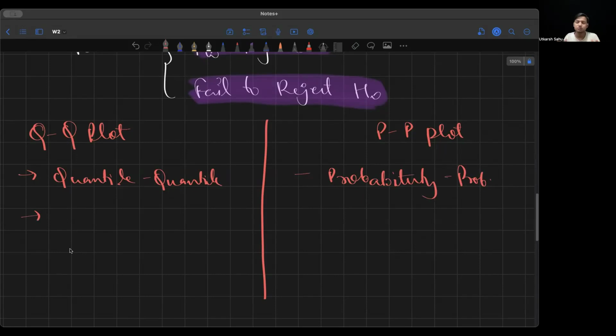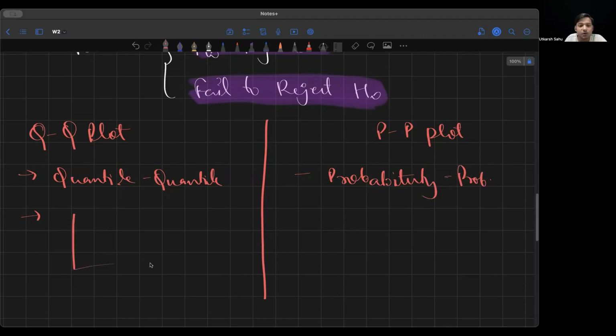I'm not going to go into much detail, because most of the questions you will see would be theory based. But this is a very interesting thing: to infer whether a distribution being followed is from a particular hypothetical distribution. If you have some sample, you want to check, is it following a normal distribution or not? Is it following a Poisson distribution or not? You can use these plots to check.